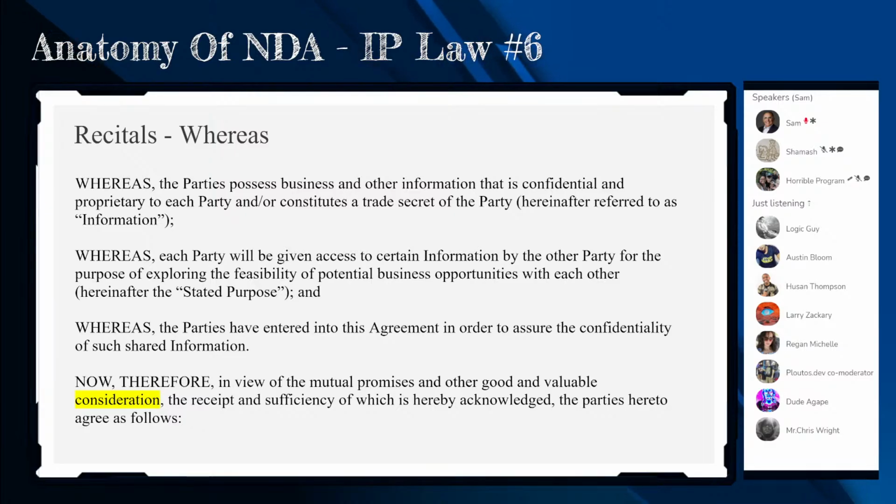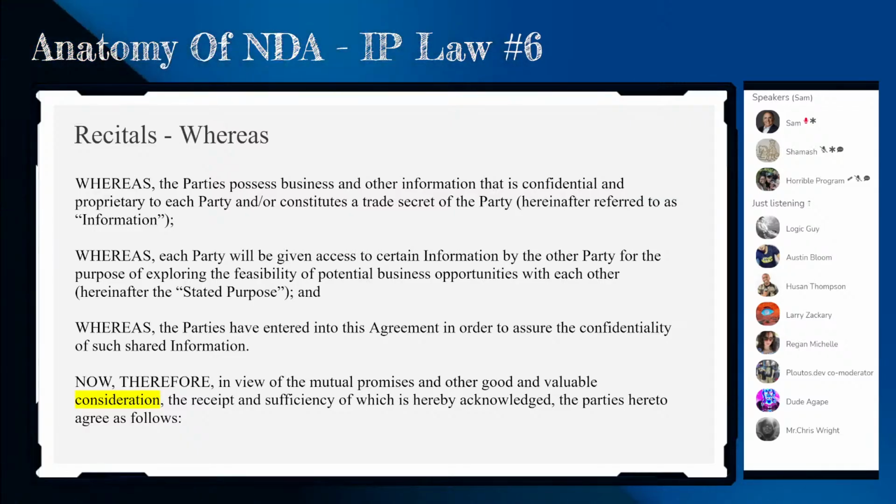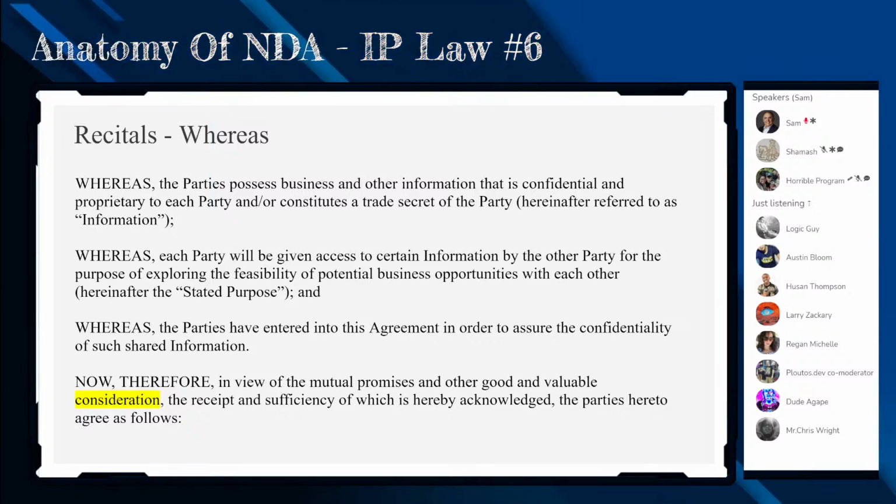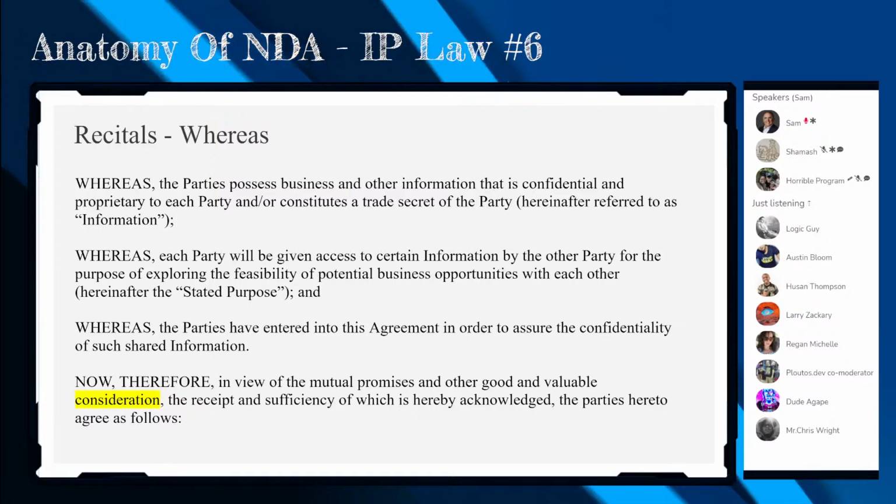And other good and valuable consideration, here you say the receipt and sufficiency of which is hereby acknowledged. So basically, because you have signed this, you cannot in a couple of years go to the court and tell the court, hey, court, why don't you hold this contract invalid because there was no consideration, as a failure of consideration.